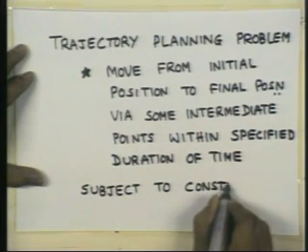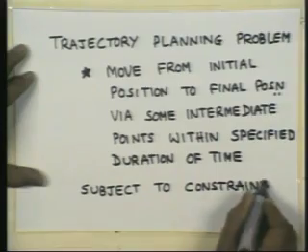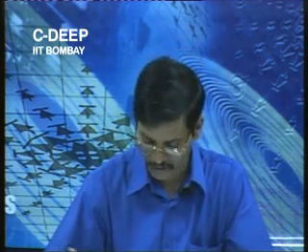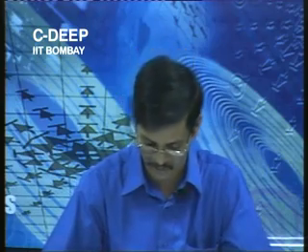The nature of these constraints, as we have discussed, could be based on the individual joints' motions in terms of the capabilities of the actuators, the smoothness of motion that you want to be achieved depending on the task that you are doing, the manipulator dynamics itself, and obstacle avoidance constraints which are in the Cartesian space and so on. So, subjected to these various types of constraints, we want to be able to achieve this kind of a motion. Okay. So, this is the overall trajectory planning problem.